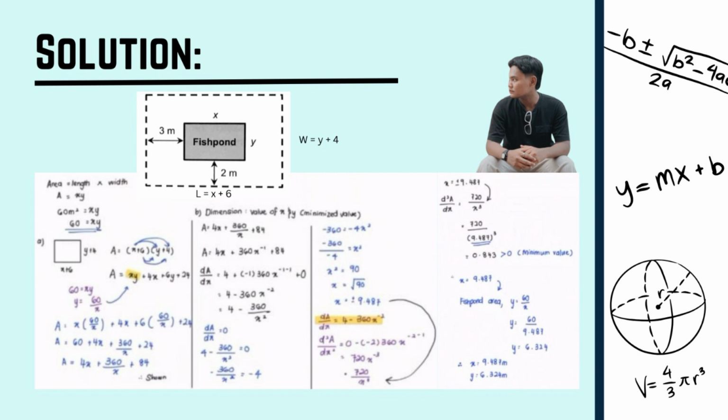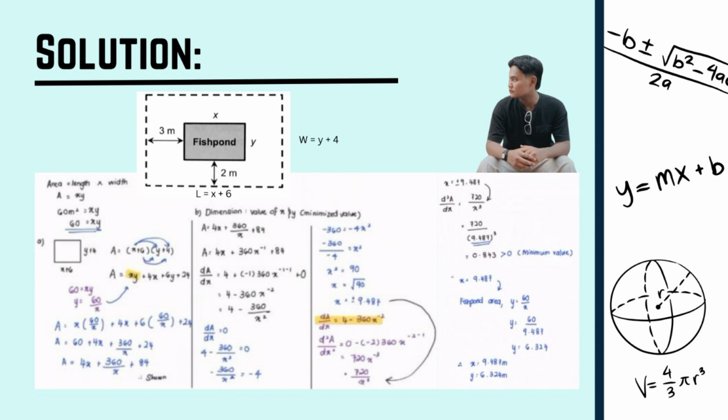We have to do the second derivative. d squared A over dx squared equals 0 minus negative 2 multiply with 360 x to the power of negative 2 minus 1, which is 720 x to the power of negative 3, so 720 over x cubed.